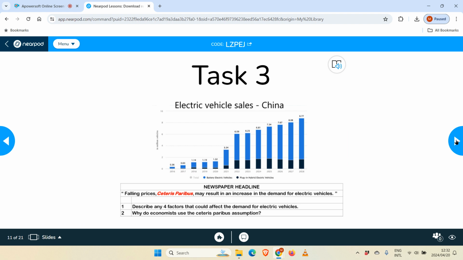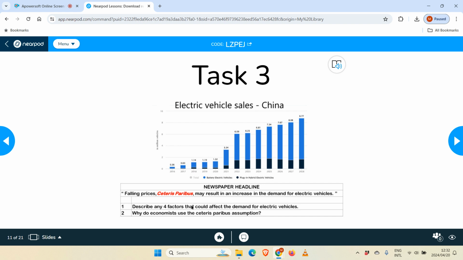Right. Next, let's have a look at the term ceteris paribus, a crucial term in economics. I want students to look at this term by means of a newspaper headline that says falling prices may result in an increase in the demand for electric vehicles. Here we have a table that sets out electric vehicle sales in China from 2016 to a projected 2028.